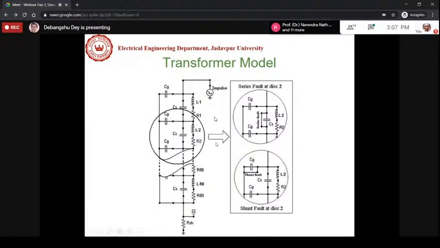We have discussed two kinds of winding fault. One we call a series fault. A series fault means that a particular disc will be shorted. Whenever we make a winding, the wires should be insulated from each other, otherwise the winding will be shorted.